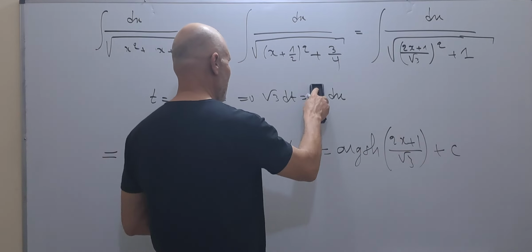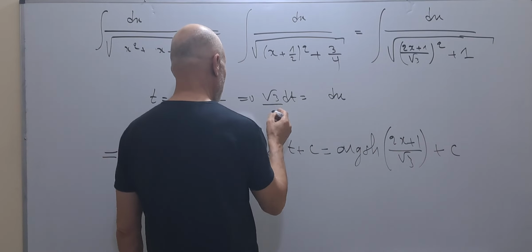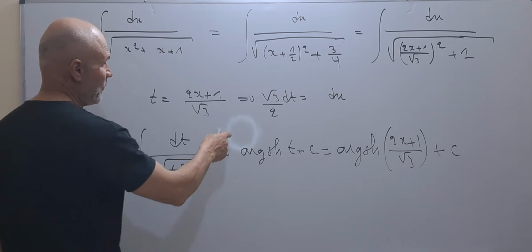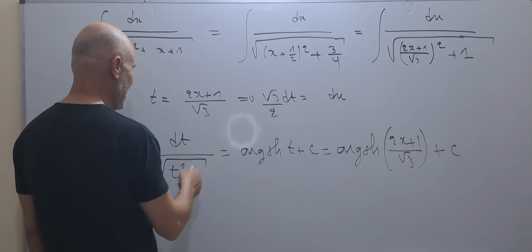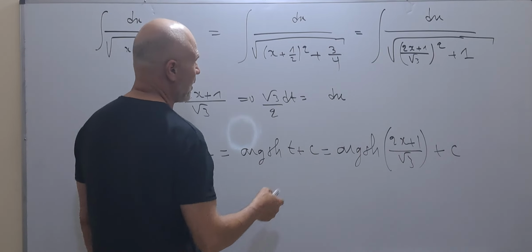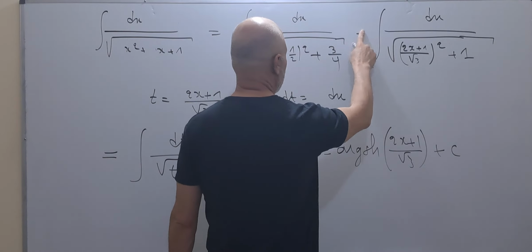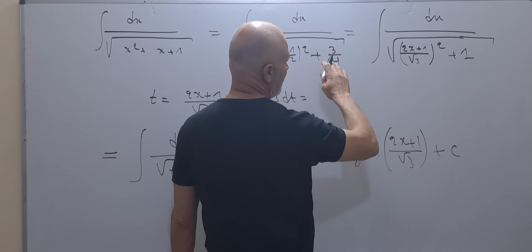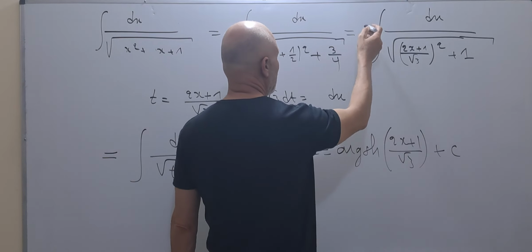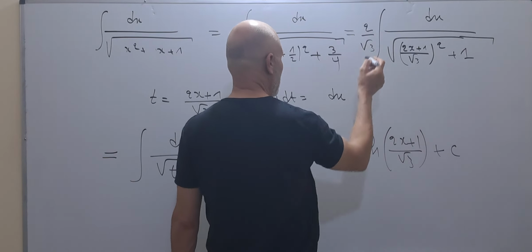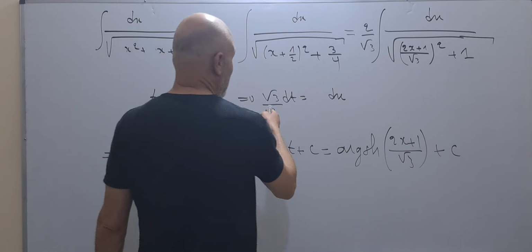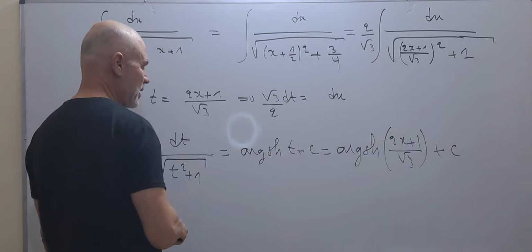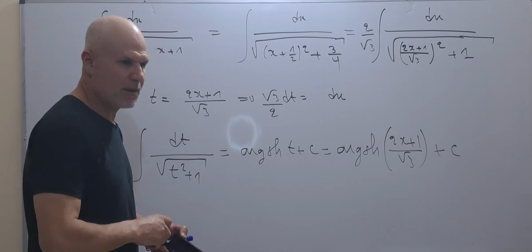So dx is equal to the square root of 3 over 2 dt, and from the other side, here when we take this we get 2 over the square root of 3, which will be combined with this one, so we get exactly this one.